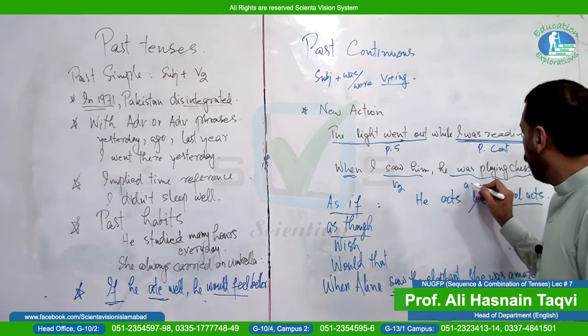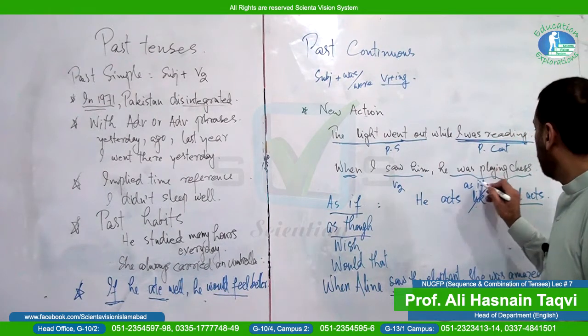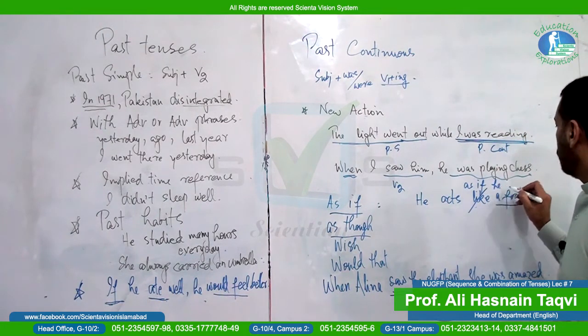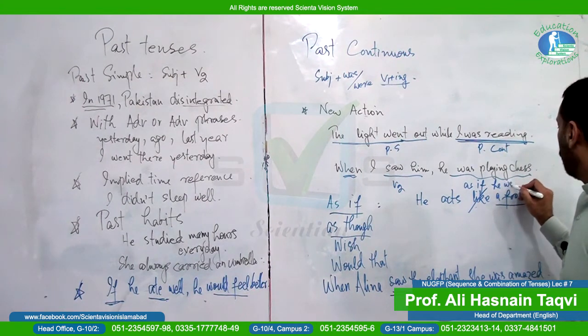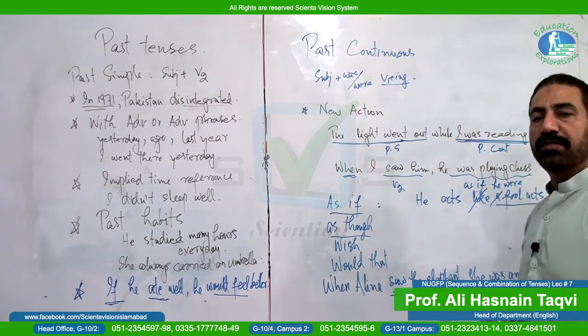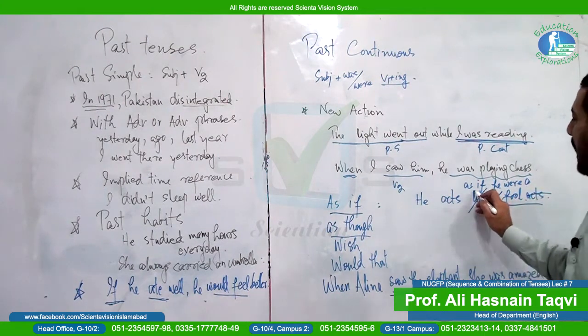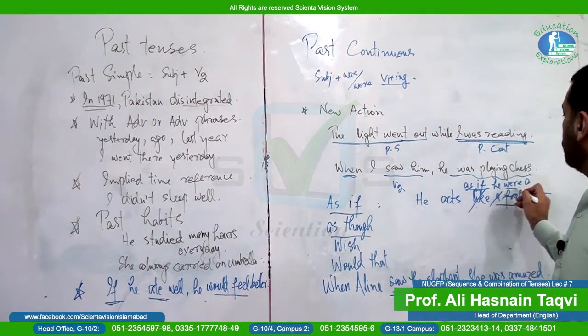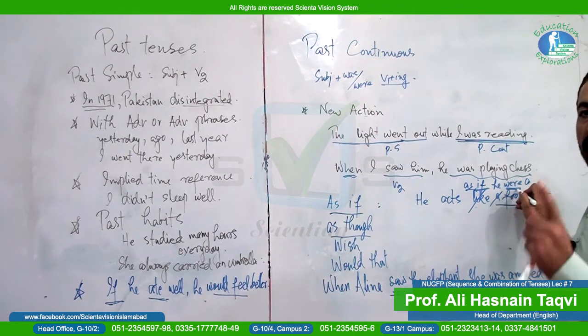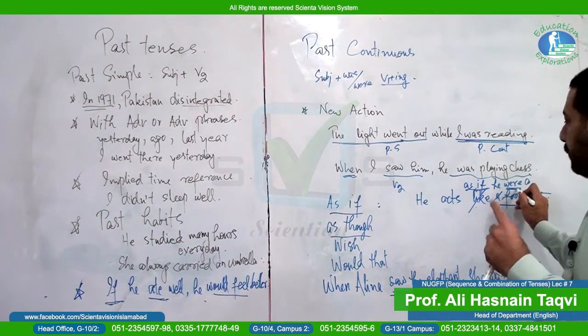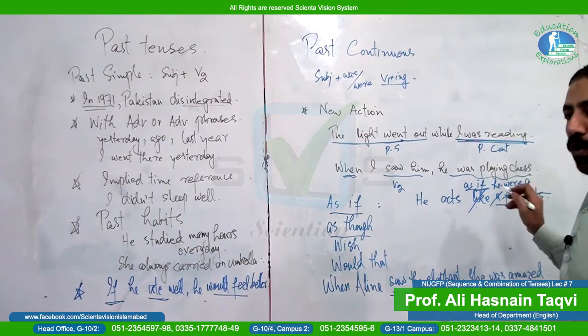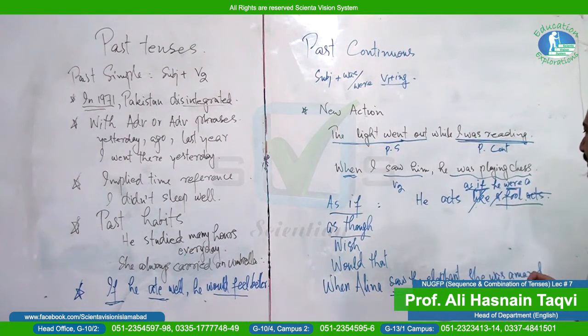You instead go for as if he were, not was, as if he were a fool. So as if structure requires be form in subjunctive mode, were, not was, as was the case with conditional tenses.